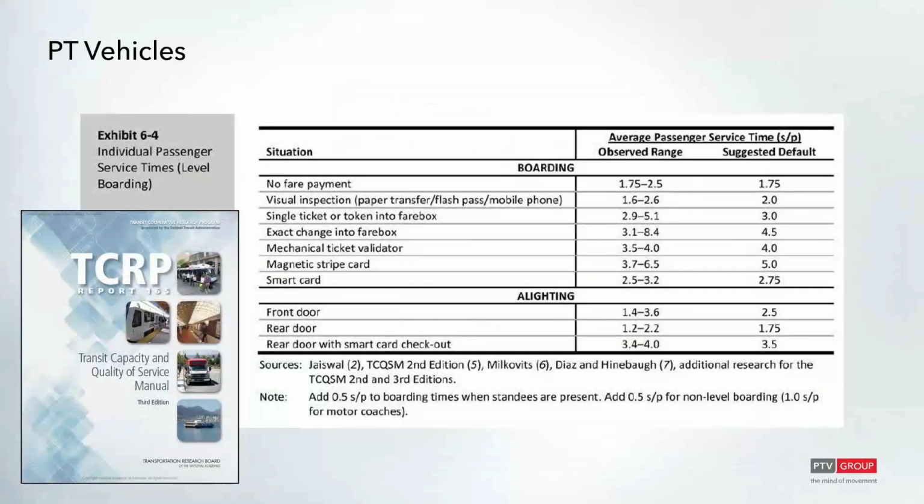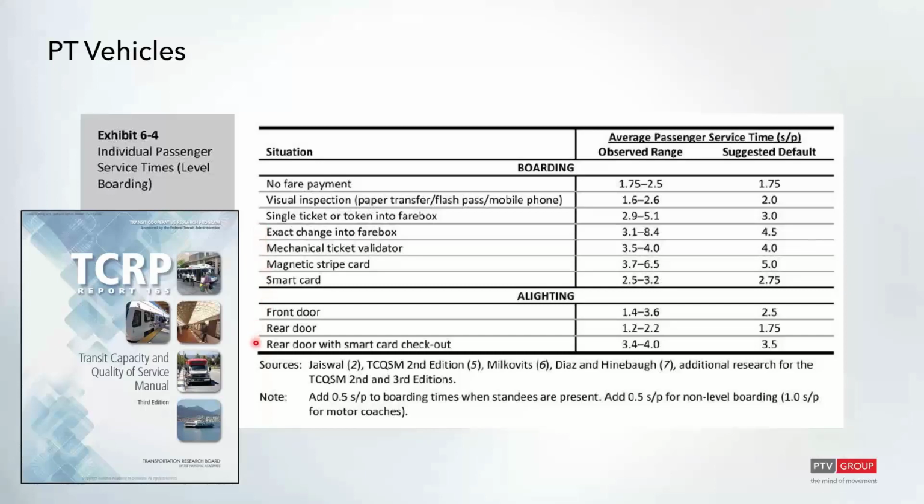So there is one resource that can be used to assist with the passenger boarding and alighting time. And this can be found in the TRB Transit Cooperative Research Program Transit Capacity and Quality of Service Manual. In here, this really contains some different passenger service times based on different types of payment situations. So you'll see some recommended times if passengers are allowed to use a smart card or a magnetic strip card, or if they have to use exact change.